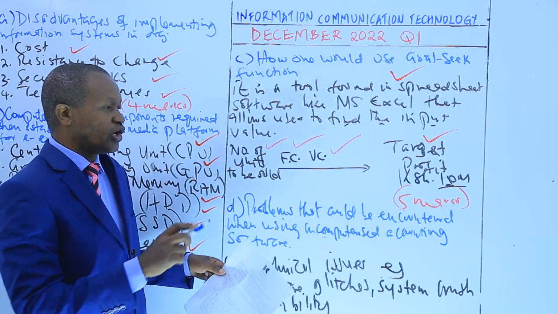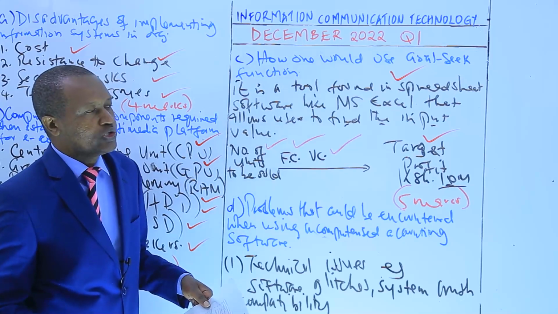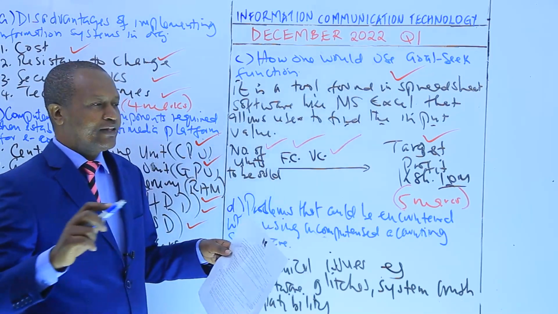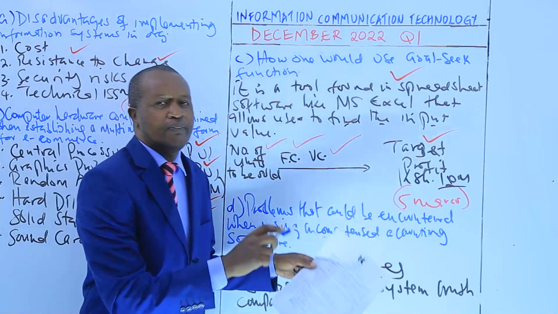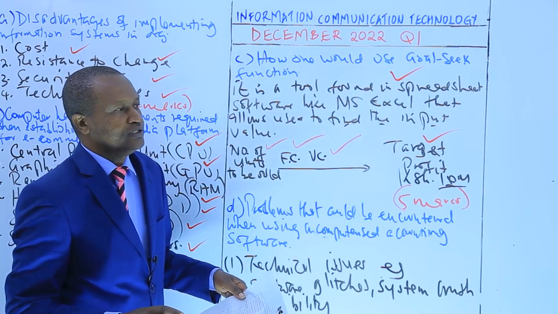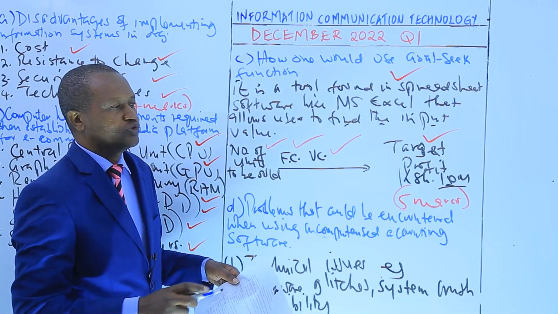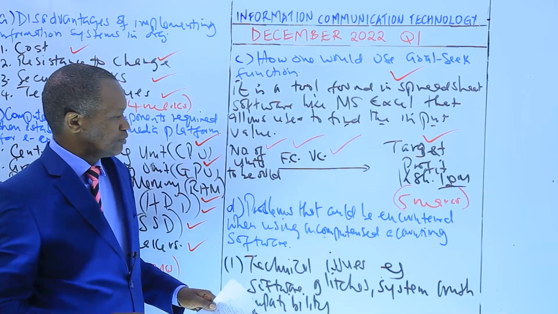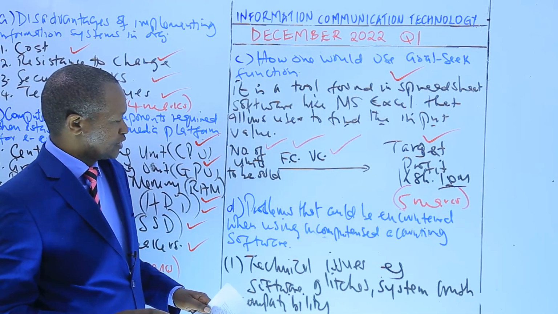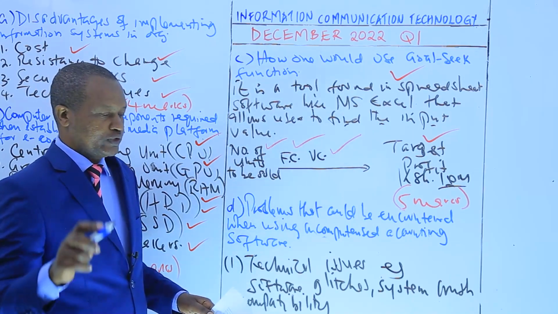We are talking of compatibility with other systems or other software, or even problems with troubleshooting to resolve issues. So that's the first problem that one can encounter when using a computerized accounting software.